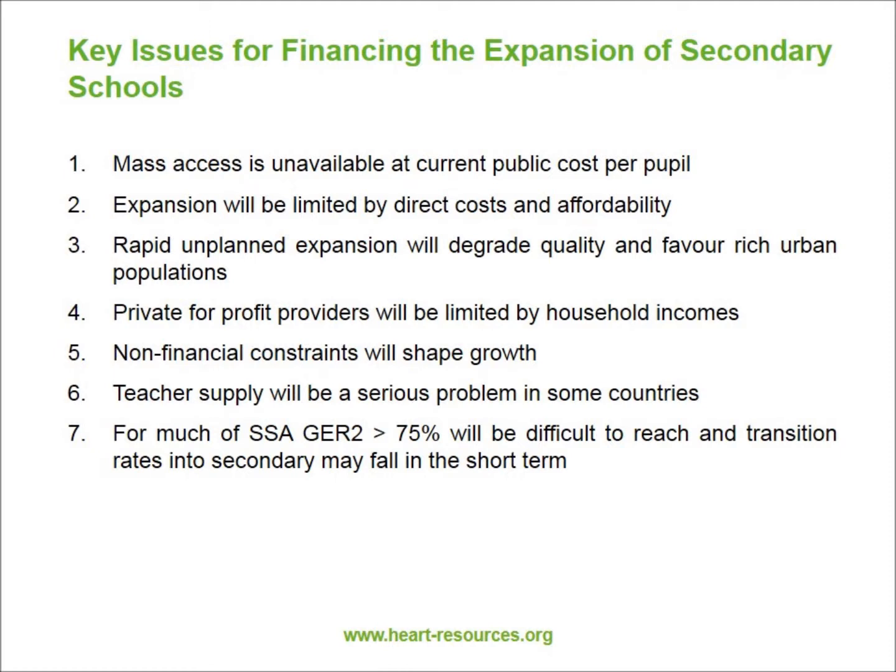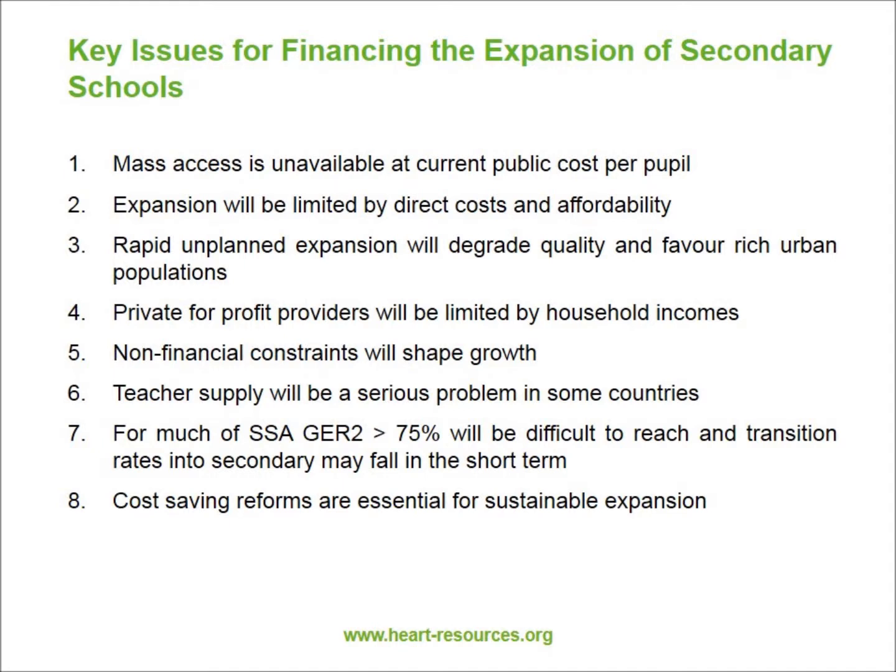So, in a nutshell, it's going to be very difficult to achieve enrolment rates that are greater than about 75% in many sub-Saharan African countries. But it's not impossible, and it certainly is affordable given appropriate reforms in the way in which the school system operates.